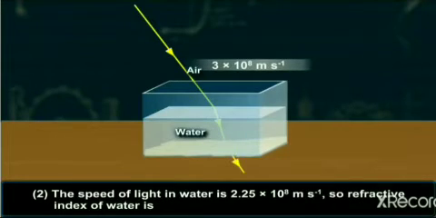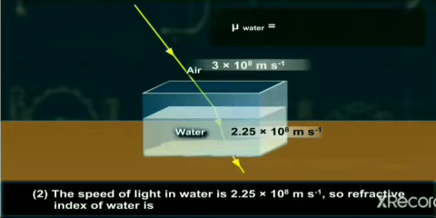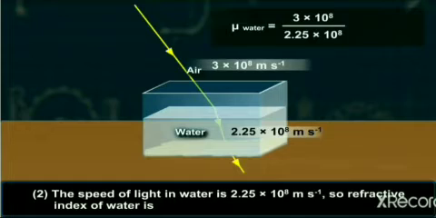The speed of light in water is 2.25 × 10^8 meter per second. So, the refractive index of water is equal to 3 × 10^8 upon 2.25 × 10^8, which equals 4 upon 3, which is equal to 1.33.